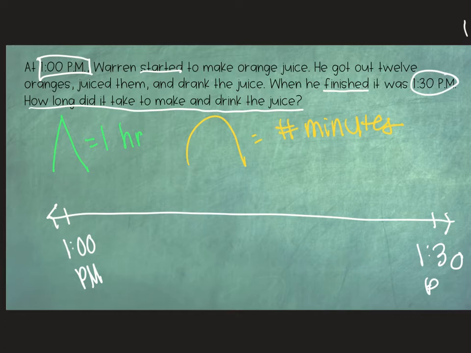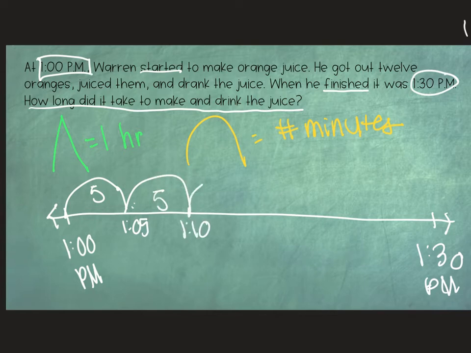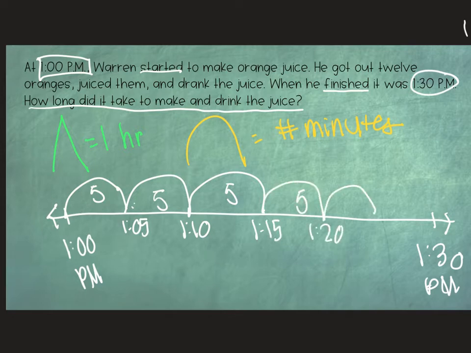Or if you want to break it down, you can jump 5 minutes at a time. So we could jump here, 1 to 1:05, that's 5 minutes. Jump another 5 minutes, and that would be 1:10. Jump another 5 minutes, and that'd be 1:15. Another 5 minutes, and that'd be 1:20. Another 5 minutes, and that'd be 1:25.